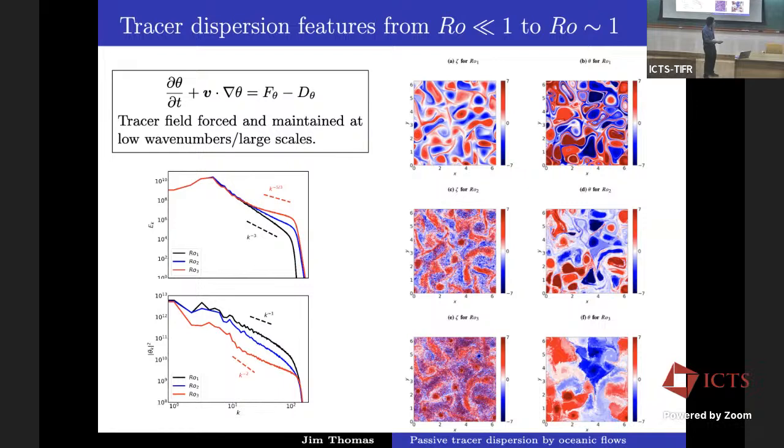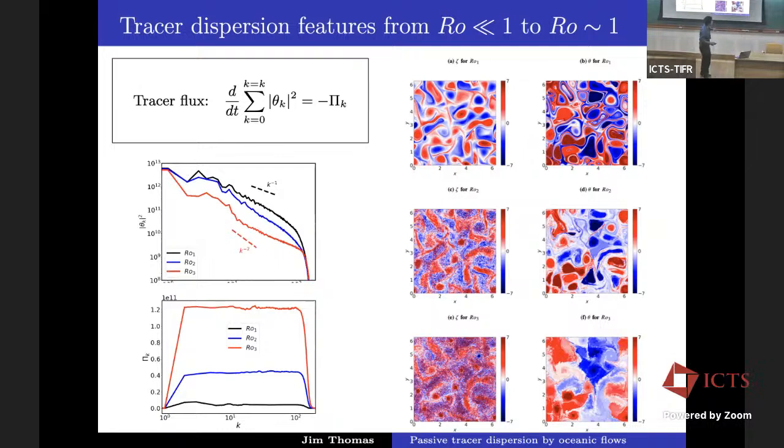We see that there's a lot more depletion of the tracer field in this part of the inertial range compared to lower Rossby number flow. So this tracer is getting stirred more and more by these high Rossby flows that it's getting depleted across scales as you increase Rossby number. So increasing Rossby number makes tracer stirring more efficient and depletes the tracer from across scales.